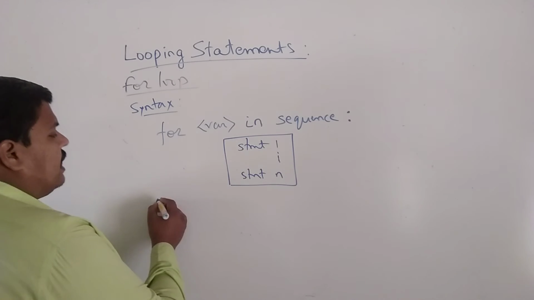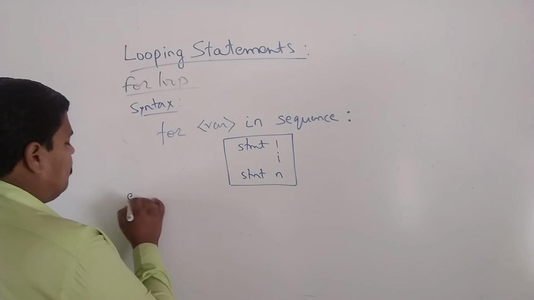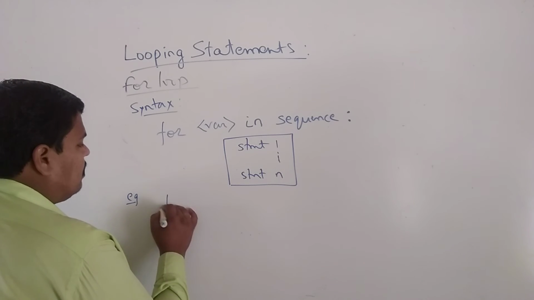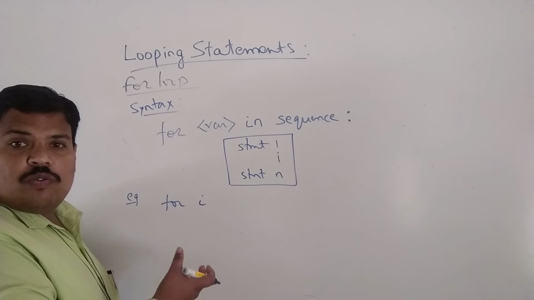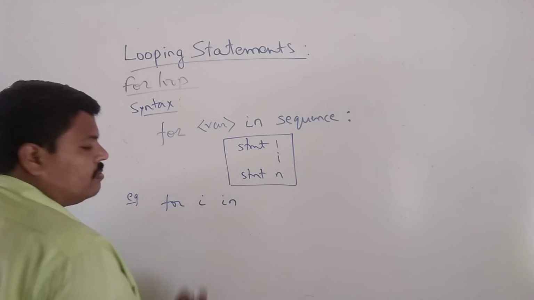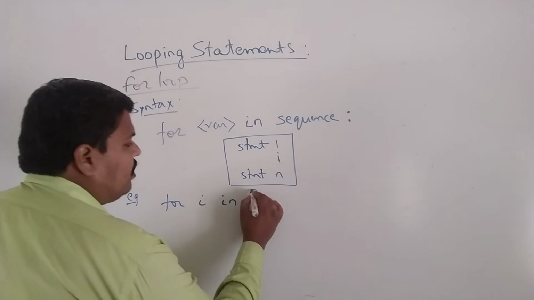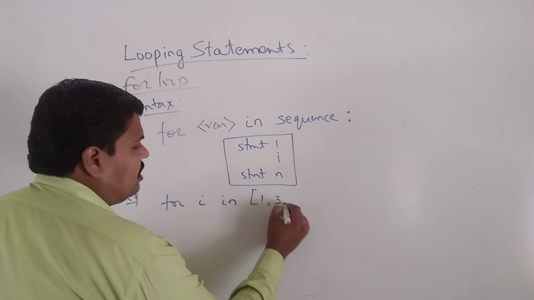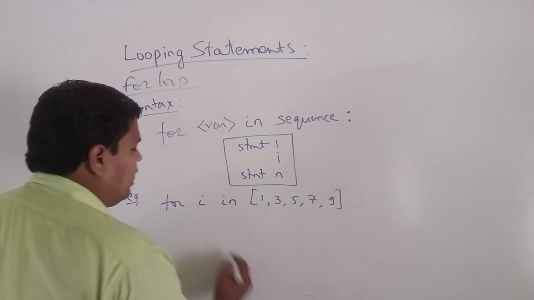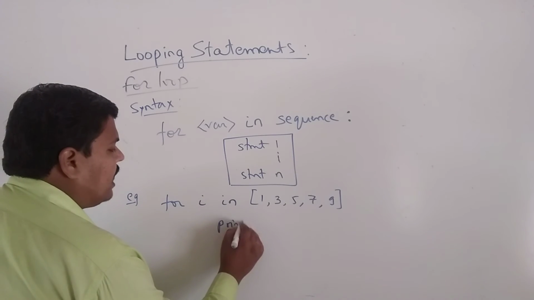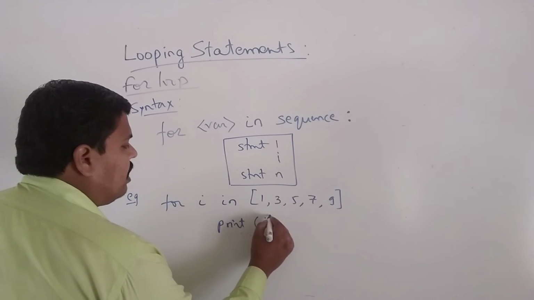Okay. Example: for i, where i is a variable, in is the operator, and then we write any sequence: 1, 3, 5, 7, 9. Then with proper indentation we write the statement. We can print i.